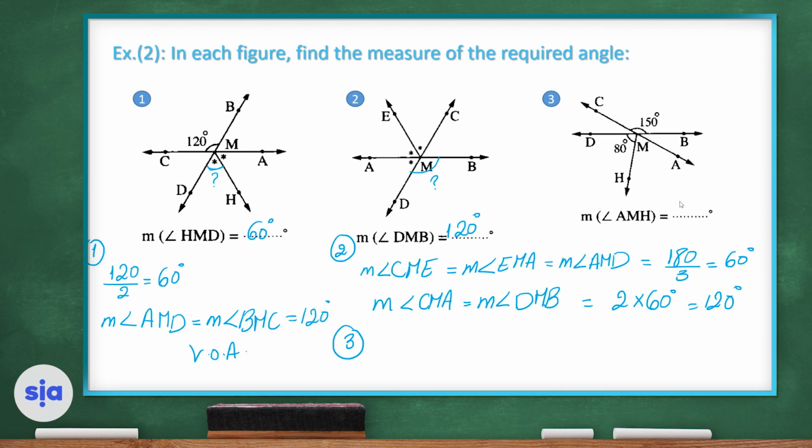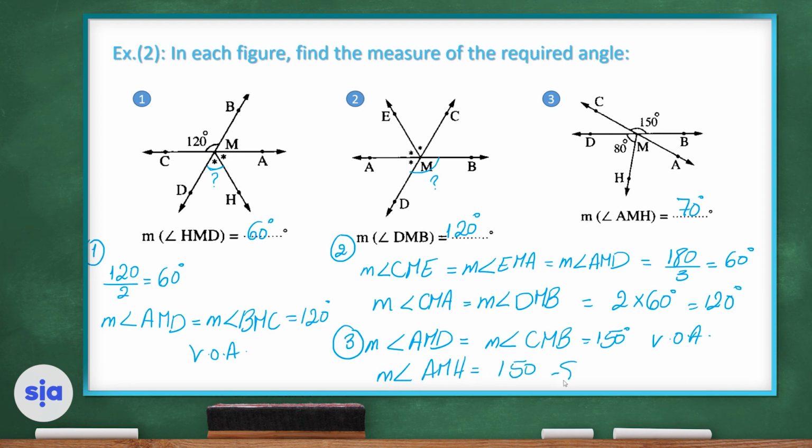You will see that it's equal to 70 degrees because the measure of angle AMD is equal to the measure of angle CMB, which equals 150 degrees as vertically opposite angles. Then the measure of angle AMH is 150 minus 80, which is 70 degrees.